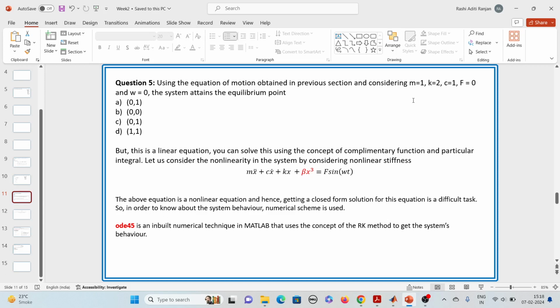So if I consider m 1, k 2, c equal to 1, F0 and omega 0, the system attains the equilibrium point. It is saying that for zero amplitude of the forcing function and zero frequency, the system is going to attain which equilibrium point?